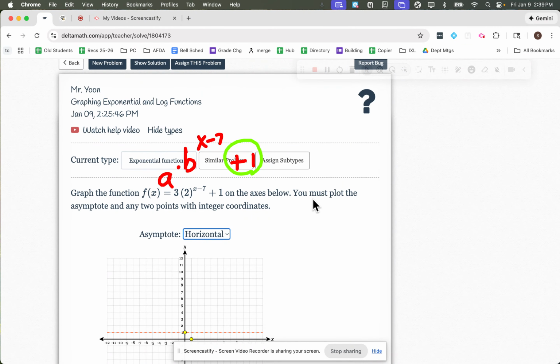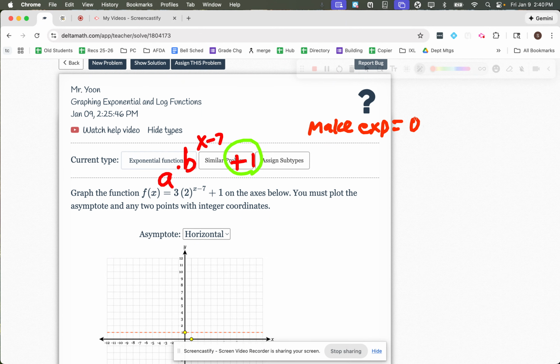Your second step is you're going to play a little trick. And the trick, which is really designed to make your calculations easier, is to make the exponent equal 0.